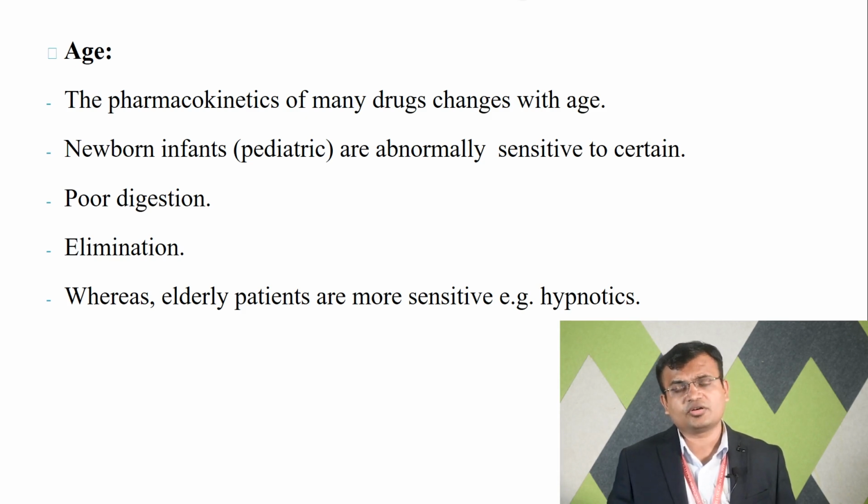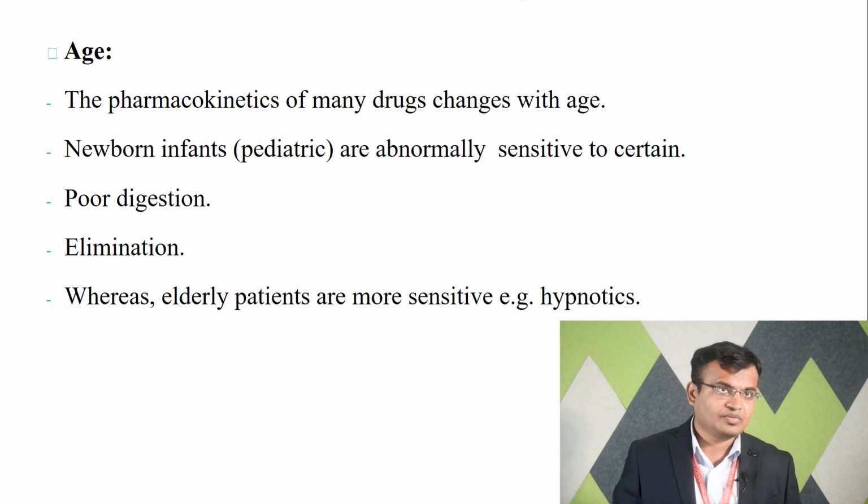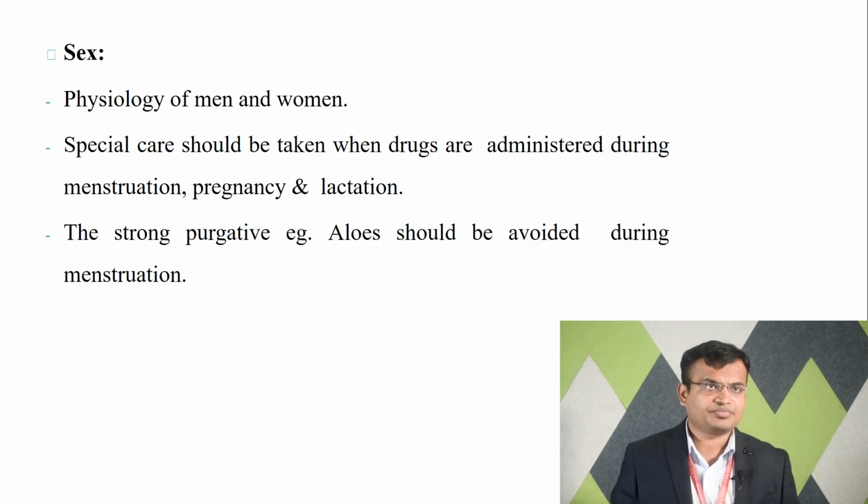For example, the role of hypnotics in elderly patients is somewhat different. They may require a higher dose because of regular continuous use of the drug, or there is a chance that the receptor-level activities have totally changed. So age is the first factor which is purely related to physiology.